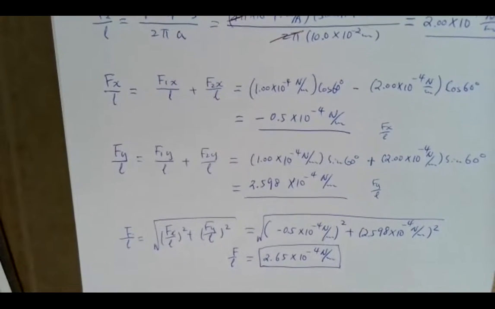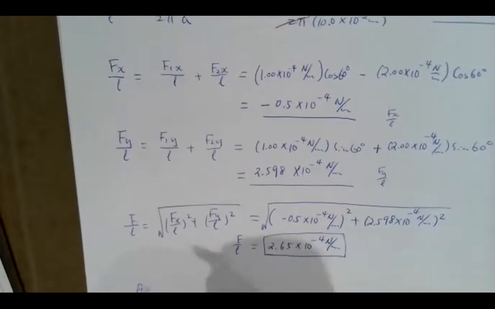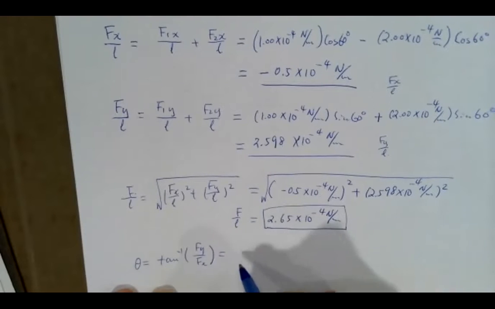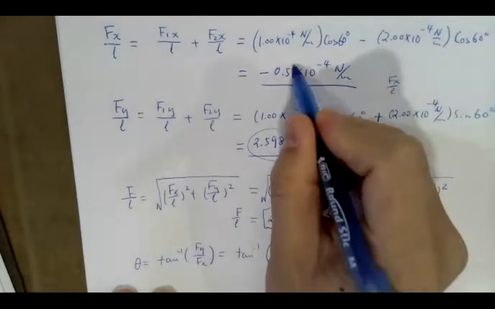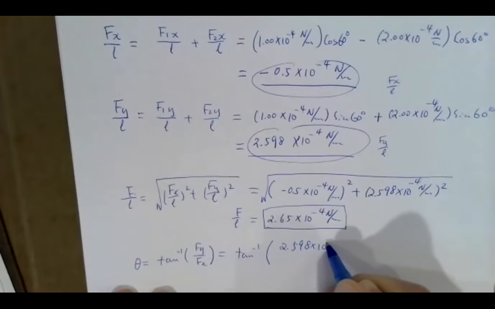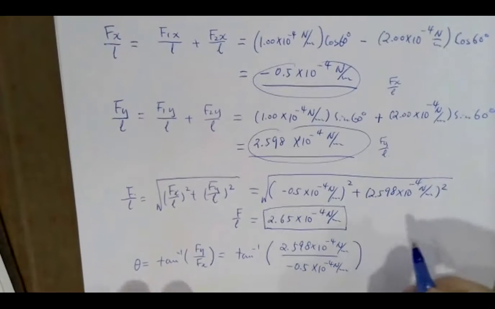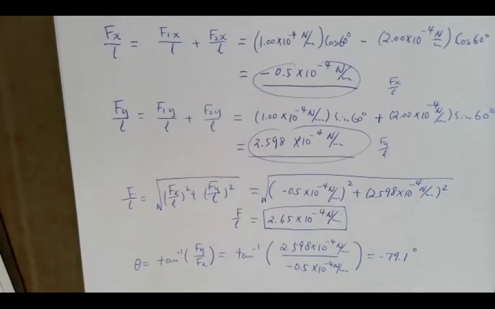Now we want to see the direction. What's the direction of it? The theta for a vector should be tangent inverse of its y component over x component. In this case, tangent inverse of the y, which is this guy, over x, which is that guy. So 2.598 times 10 to the minus 4 over minus 0.5 times 10 to the minus 4. That tells you minus 79.1 degrees.